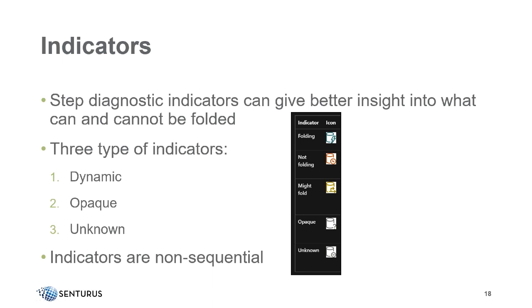The might fold, the opaque, and the unknown are much less common. These indicators are only likely to appear if you're doing ODBC or OData connections. What it means is, hey, this might fold. I won't be sure until runtime. Opaque, it's inconclusive for some reason.